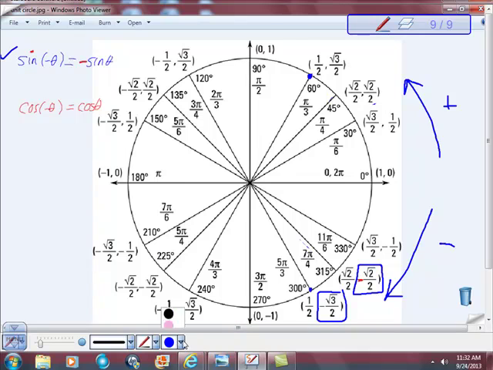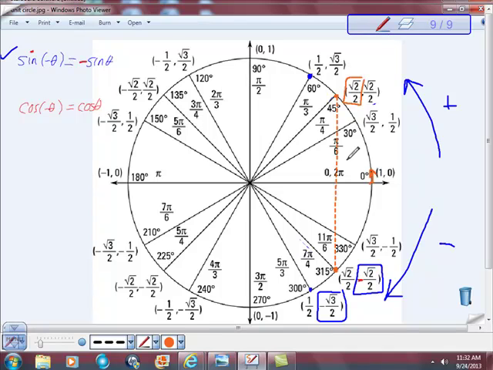So let's go look at cosine, and it says here that cosine of opposite or negative theta is the same as cosine of theta. Well, let's look at the same examples we used before. Remember, we're going to start opening from here that way. And when I get to 45 degrees, the cosine value is this one, isn't it? If I open 45 degrees negative, I end up right here, don't I? And if you look, this line goes straight down.